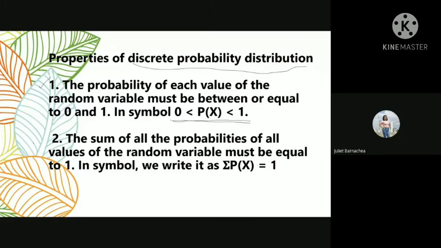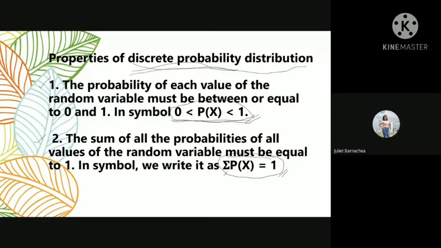Pangalawang condition, the sum of all the probabilities of all the values of the random variable must be, take note of that, equal to 1. In symbol, we will write it as the summation of P of X is equal to 1. So ito yung dalawang dapat i-consider para masabi natin na ang given distribution ay discrete probability distribution. Ito ang kailangan mong parehas i-test.